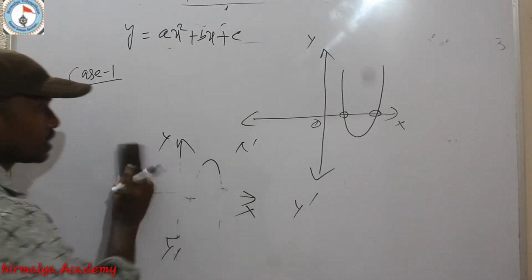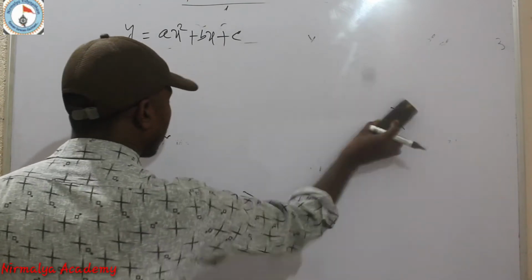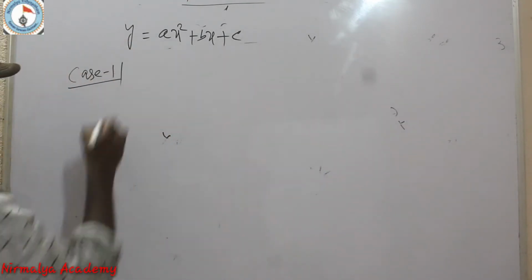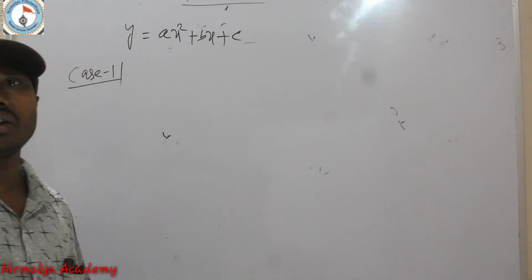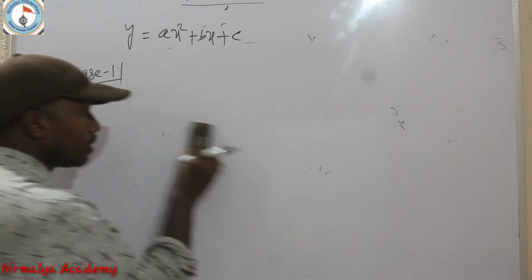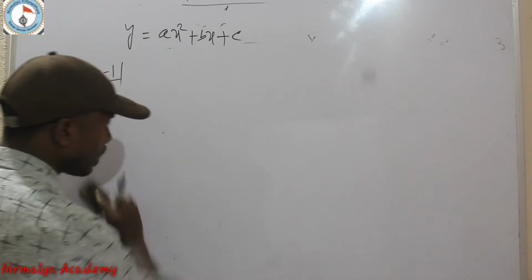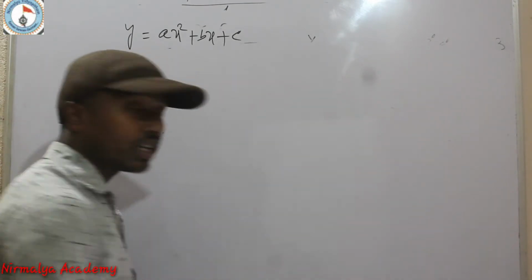Next, case 2. In the second case, the graph, or the parabola, cuts the x-axis at exactly one point.